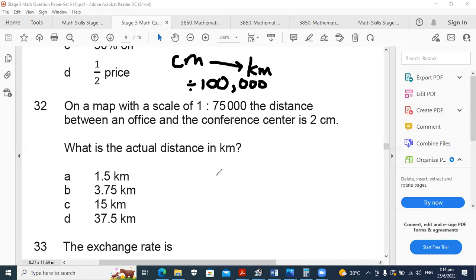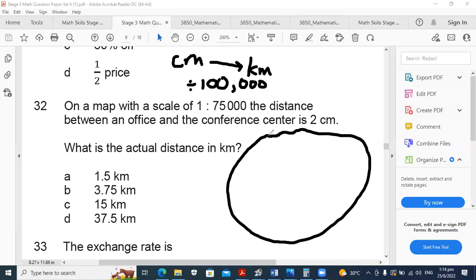So basically, you have a piece of map, and on the map you have your office and the conference room. On the map, 2 centimeters is between the office and the conference room. So they want to know what is the actual distance.